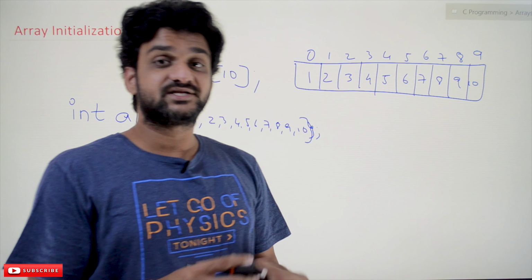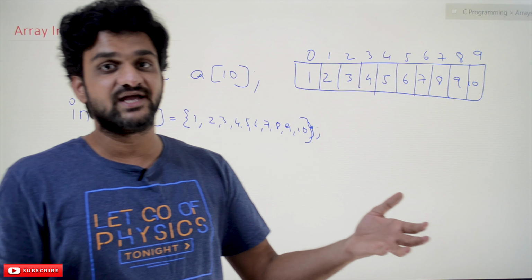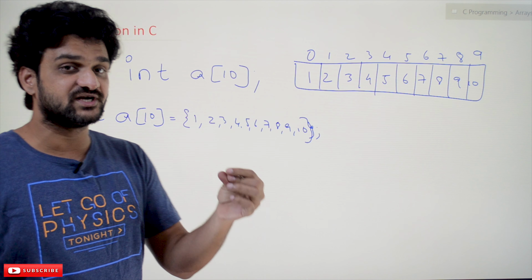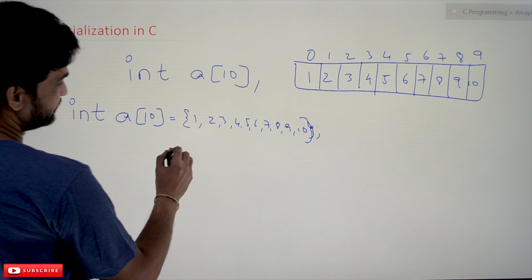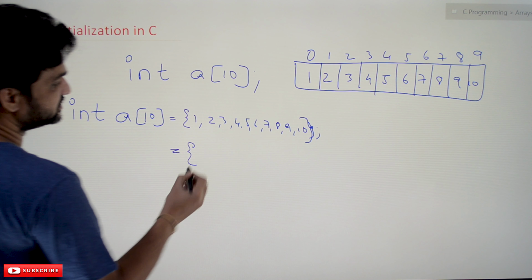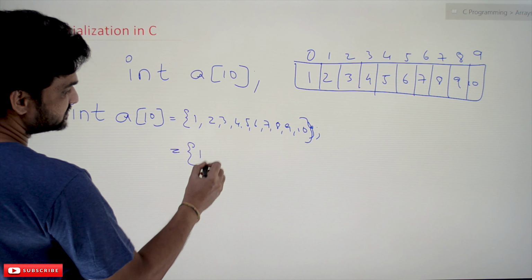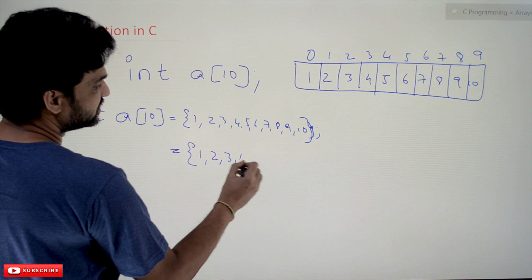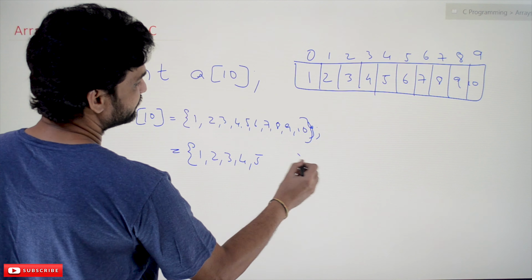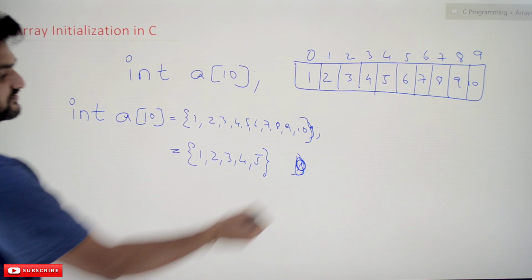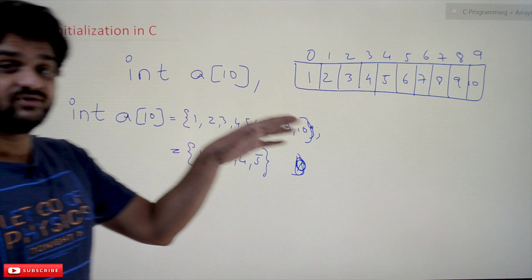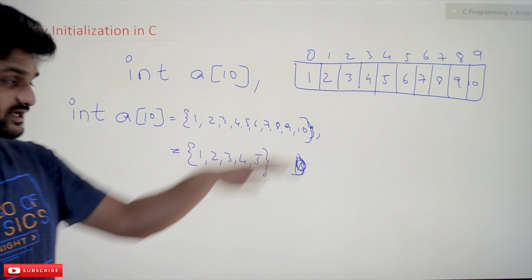Now there are different ways we can initialize the values. For example, if we give only 5 values out of 10 values, we haven't given any further values, just 5 values. How will the array get initialized?